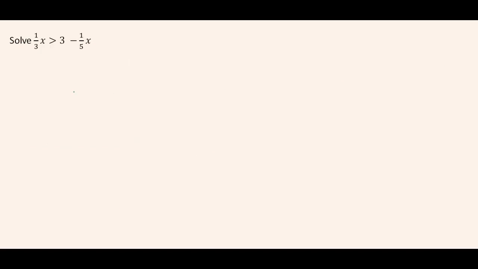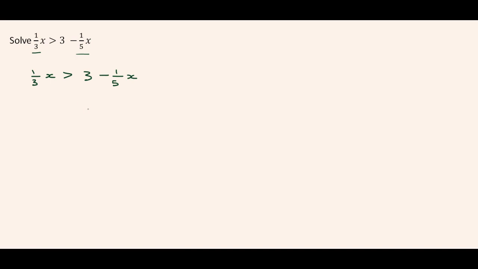Let's try some examples. So the first thing we're going to do is to isolate the variables. So we can see that we have 1/3 with an x here, and then minus 1/5 with an x on the opposite side. Let me write the inequality first: 1/3 x greater than 3 minus 1/5 x.